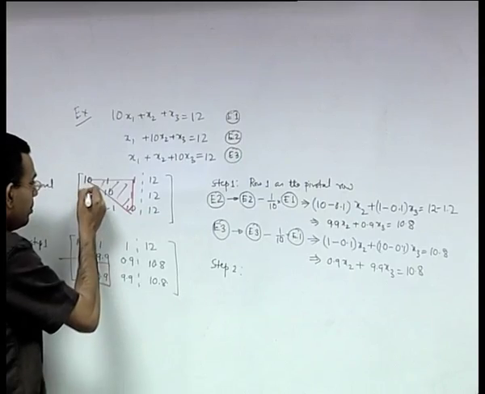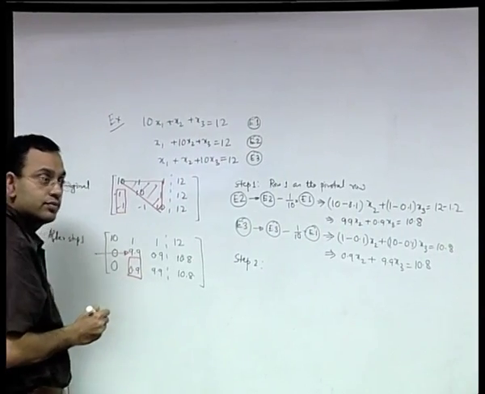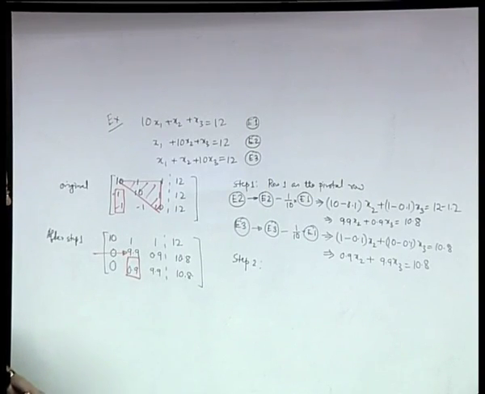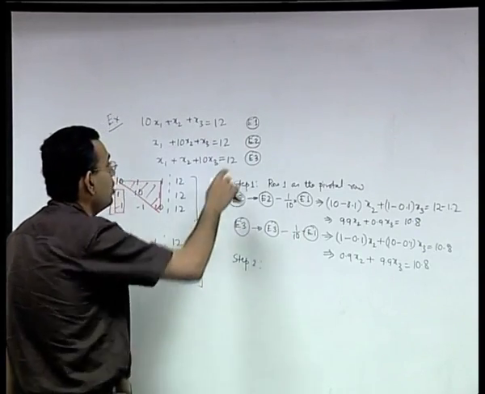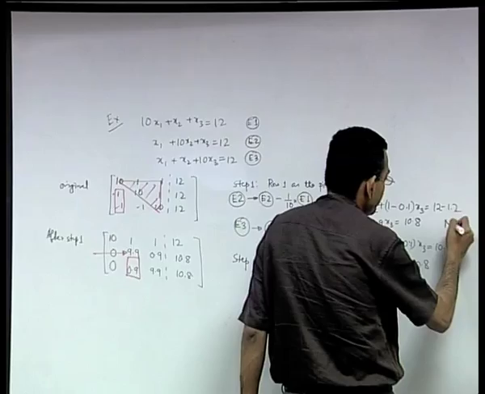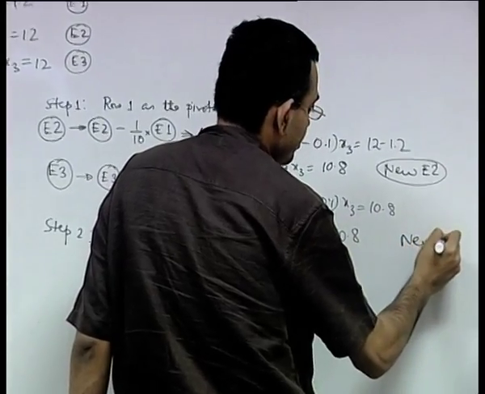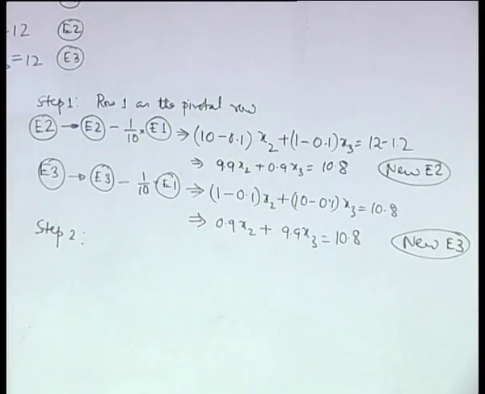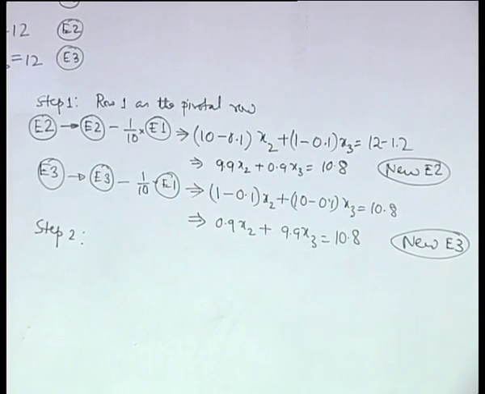As we eliminated the first column, now we will eliminate the second column below the diagonal. Now remember, equation 2 and equation 3 have changed. So, this is new equation 2, this is new equation 3. We will refer to these as equation 2 and equation 3, no more the original equation 2 and equation 3.